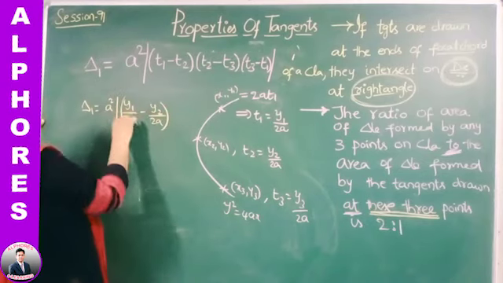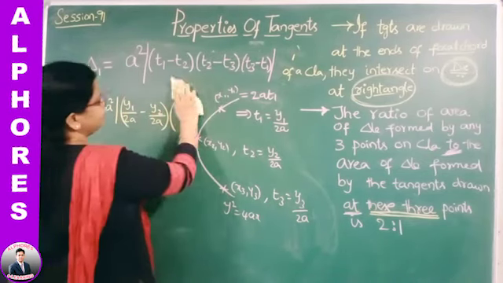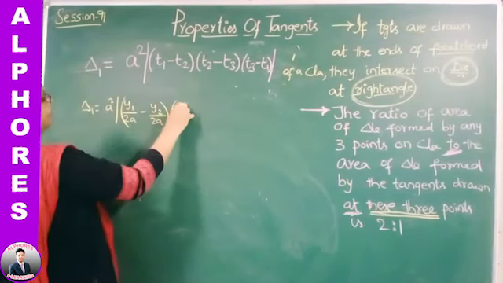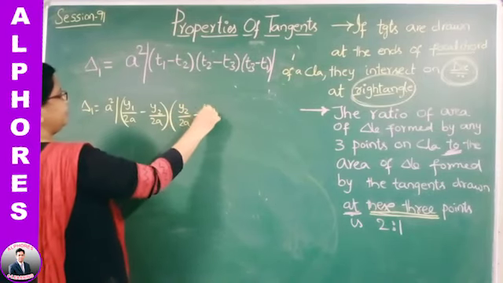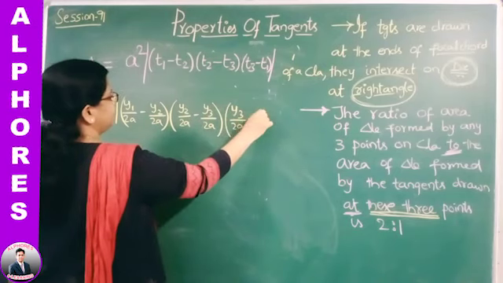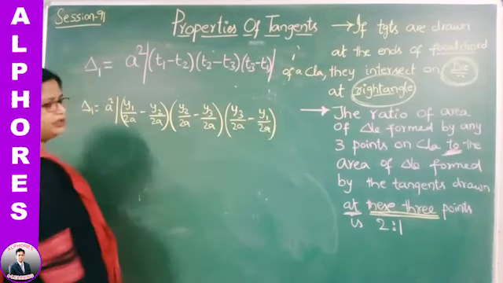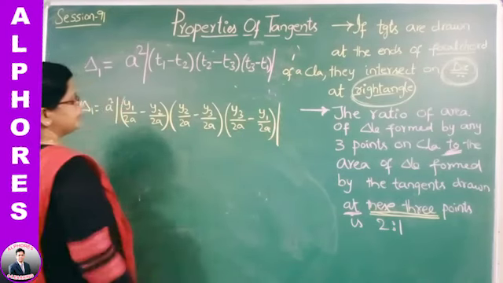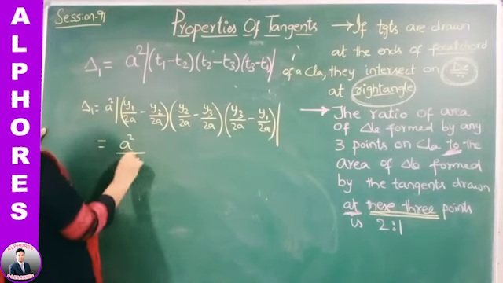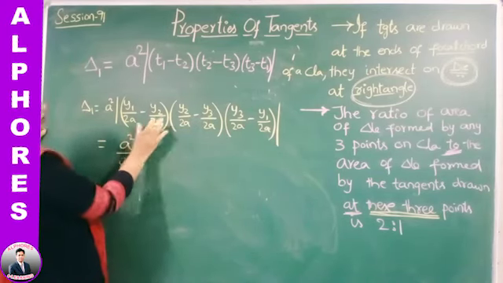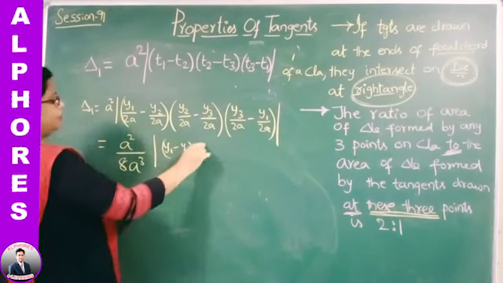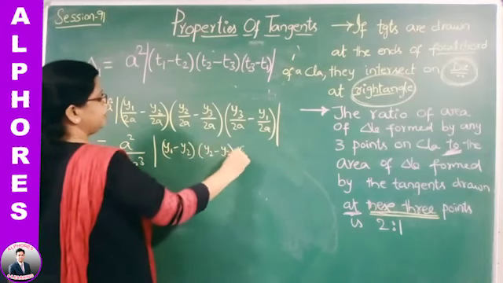Like this, if you write the other two parts also, what is the value you can get, students? This is y2 by 2a minus y3 by 2a, and into y3 by 2a minus y1 divided by 2a. So you can convert it in the form of x1, y1, etc. Then here 2a into 2a into 2a, that means you get a squared divided by 8a cubed, and this is mod of y1 minus y2 into y2 minus y3 and into y3 minus y1.